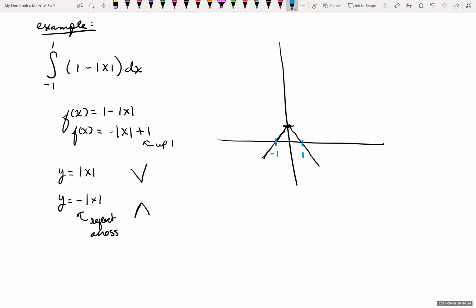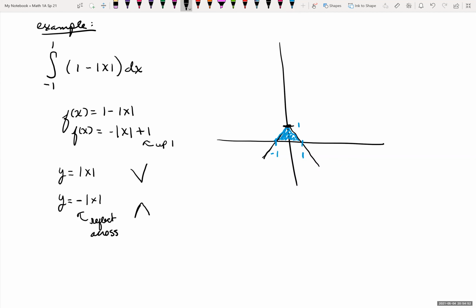This is telling us we want to find the area between -1 and 1. So we basically have this triangle, right? I know what my height is, and I know what my base is. So we can do it with known area formulas.